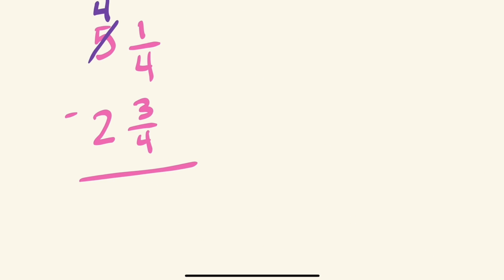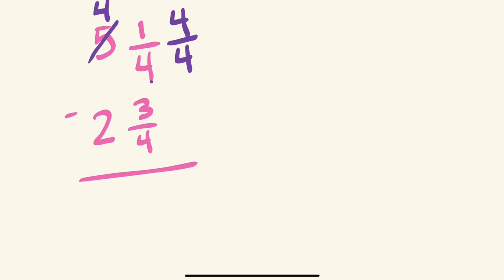What I need you to think about is that your denominator is 4. So your denominator, you want it to stay the same. And your question is, how can I make a fraction that represents 1? Because this fraction is 4, I know I can make another fraction with the denominator of 4, and that numerator is going to equal 4 because it's one whole.